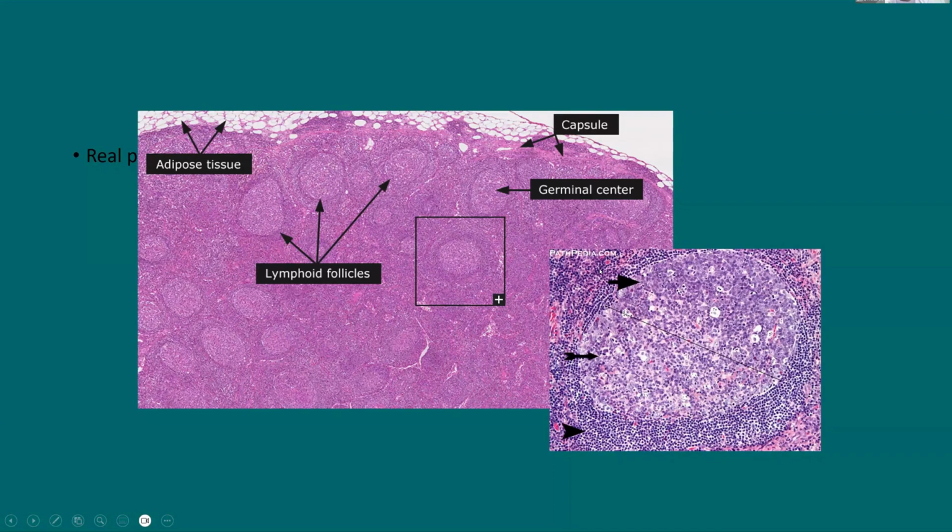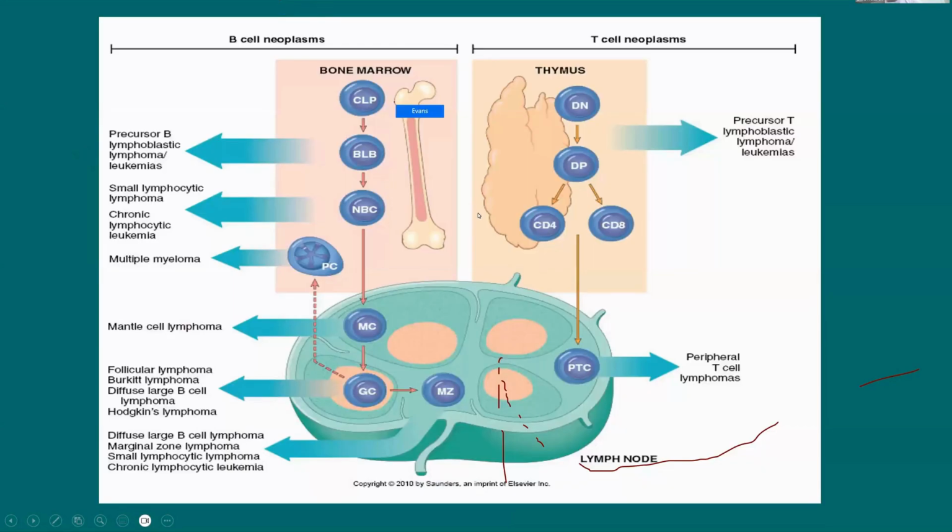A maintained mantle zone and marginal zone as well is a feature that we can see in these lymph nodes, in these follicles, just to delineate normal lymph node architecture.